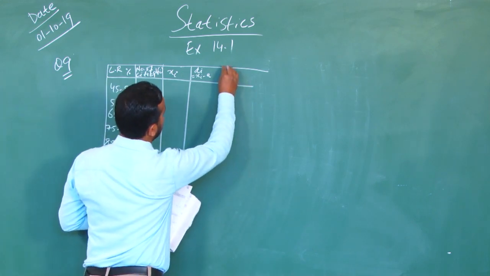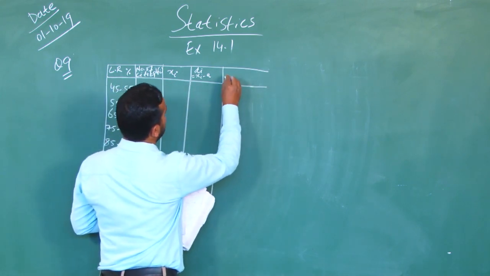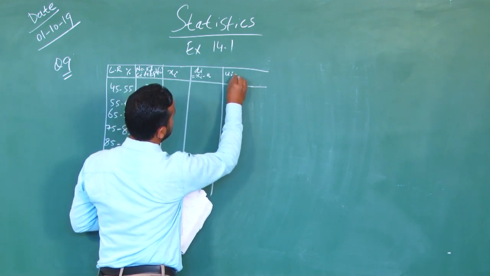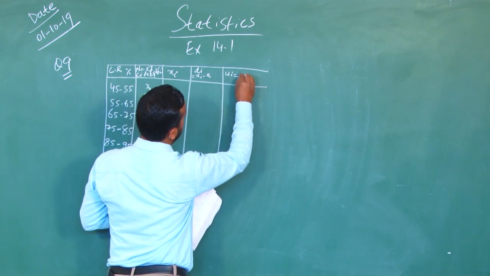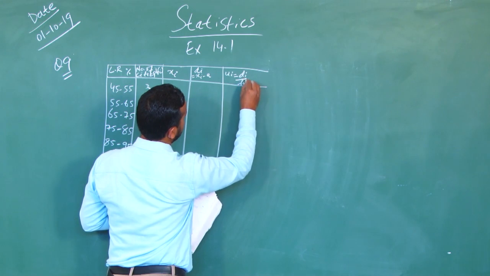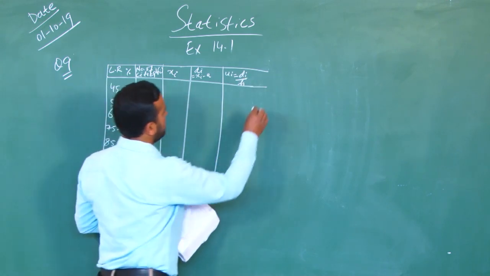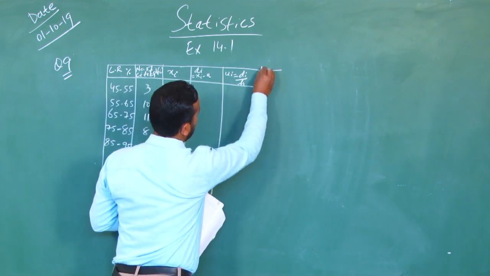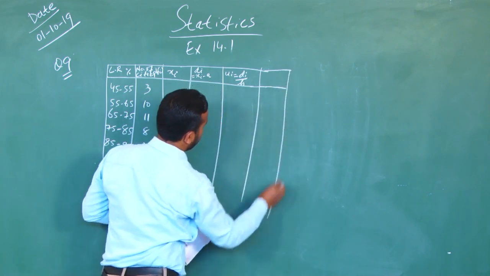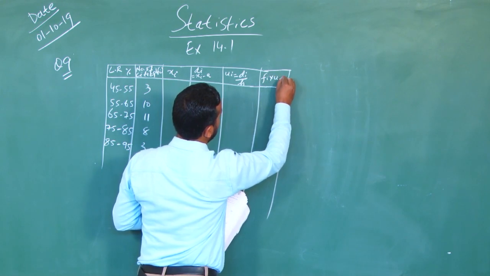And then the one more addition is there, Ui, that is equal to Di divided by H. H here stands for the class size, that is for the given data values. And in the last one we will find the product, that is Fi multiplied by Ui.